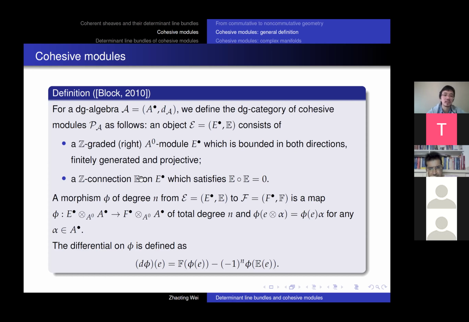And second, the Z connection is flat, satisfying Z composed with Z equals 0. Further, we can define morphisms between two cohesive modules, but in this talk we don't need too much detail about the morphisms. Anyway, cohesive modules with morphisms form a differential graded category.